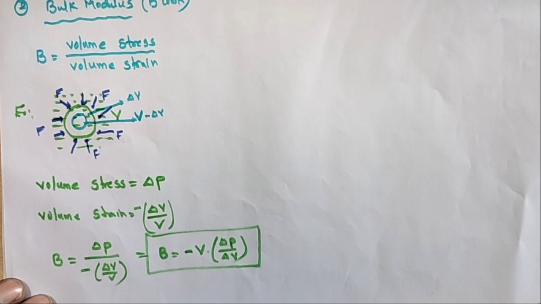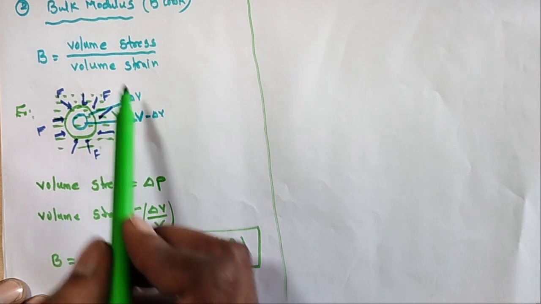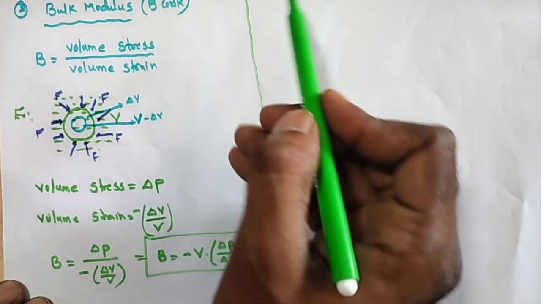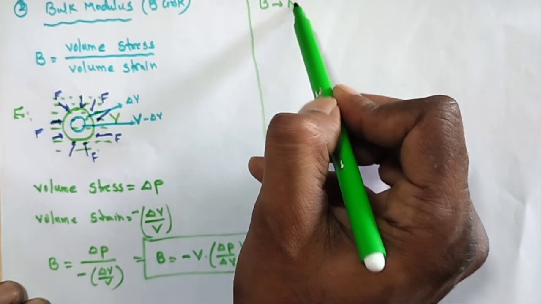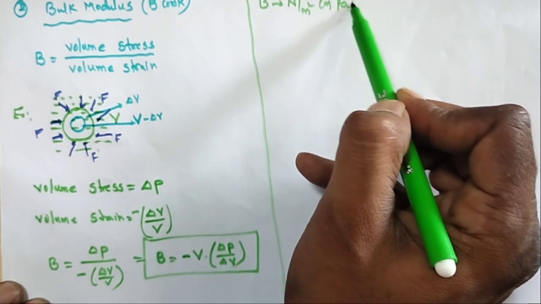If delta P, the pressure or volume stress, and the volume are given, you can calculate the B value, that is the bulk modulus. So what are the units? Strain has no units, only stress has units. Therefore the unit of bulk modulus is Newton per meter square or Pascal.